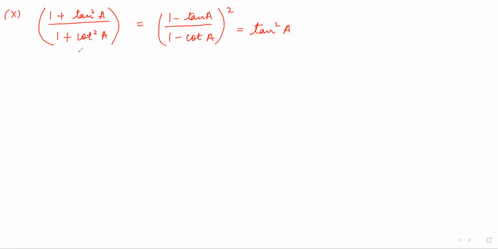Let us solve the brackets. Let's take the first bracket, right? So I take 1 plus tan square A divided by 1 plus cot square A, correct?